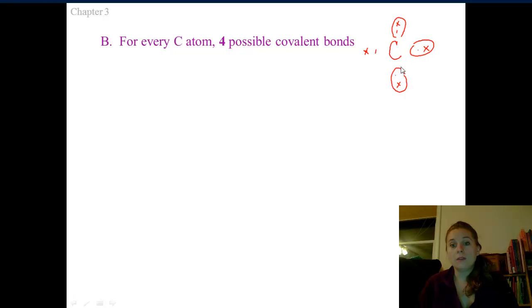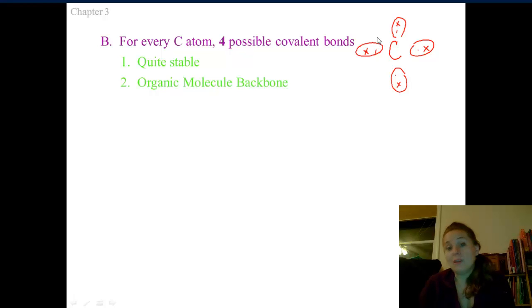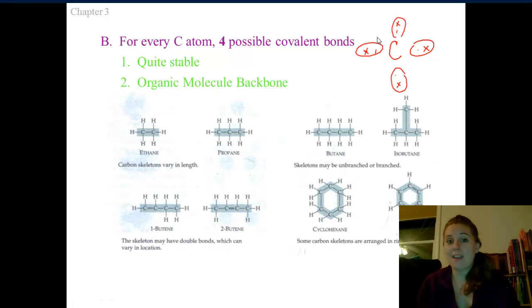So it creates a lovely covalent bond with 4 other electrons, making it very stable. And it is the backbone. It is what we're made of. It's the primary element. And so far we haven't come across anything living that doesn't fit that category.